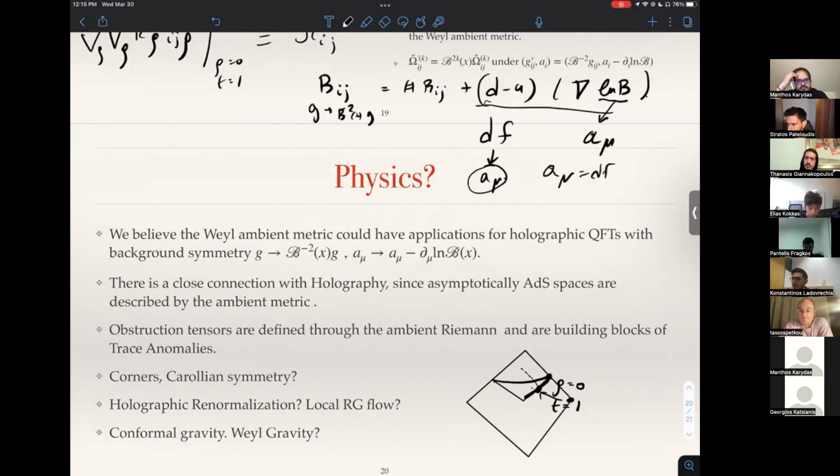I don't know, to be honest, how this connection could be related to the Carrollian limit or to the Galilean limit, maybe. Because I think if it is related to one, it should be related to the other.